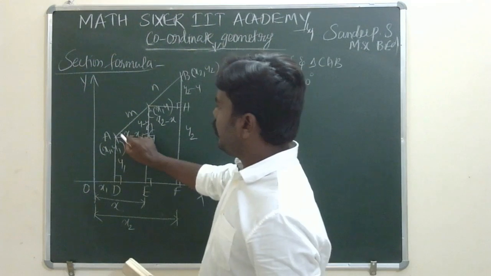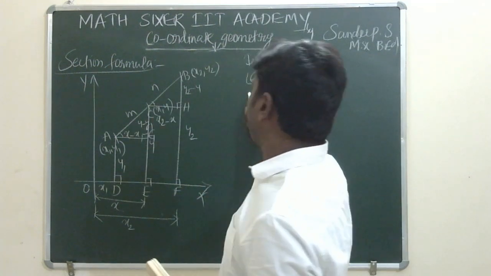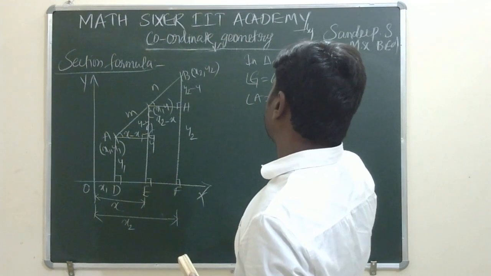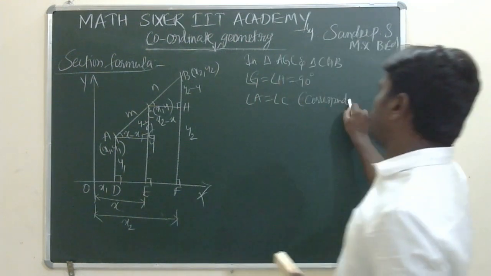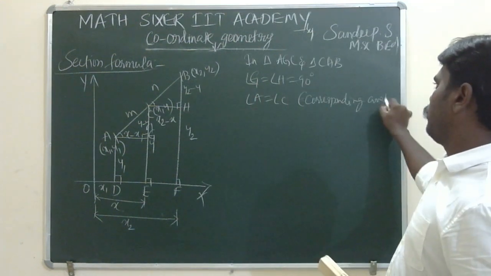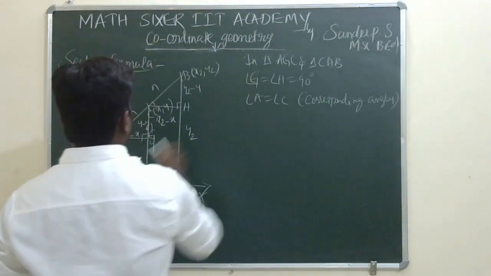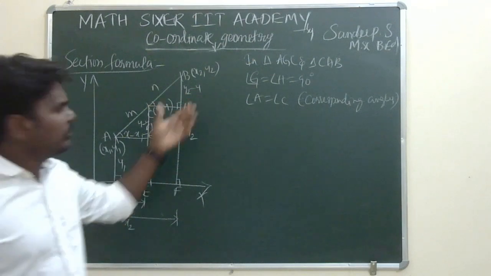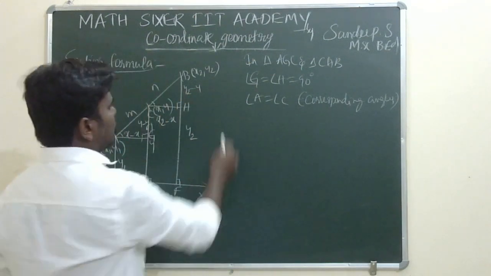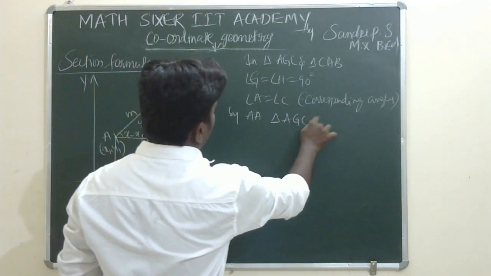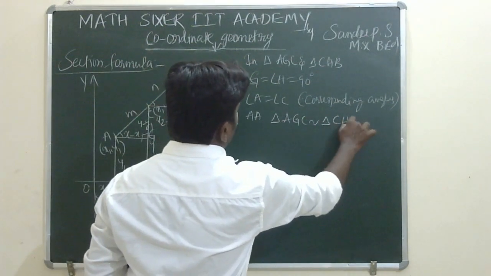Hence, corresponding angles are equal. That means angle A is equal to angle C, because corresponding angles are equal. So in these two triangles, two angles are equal. By the angle property, triangle AGC is similar to triangle CHB.